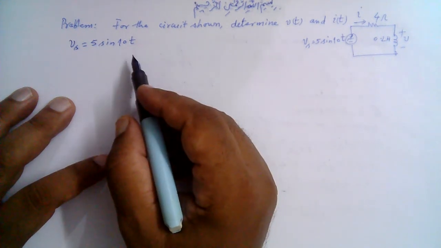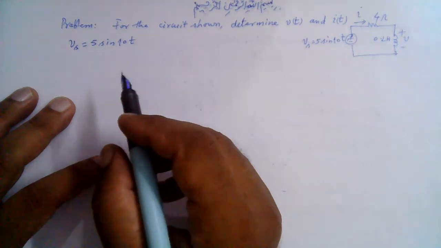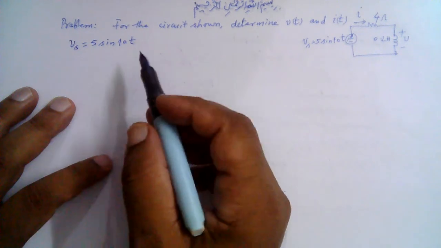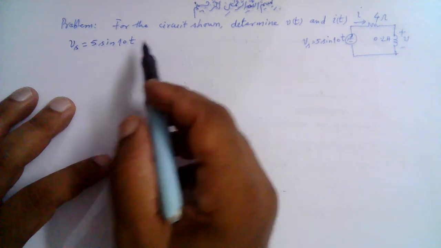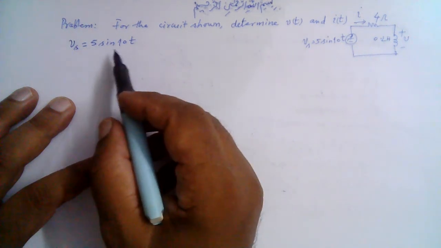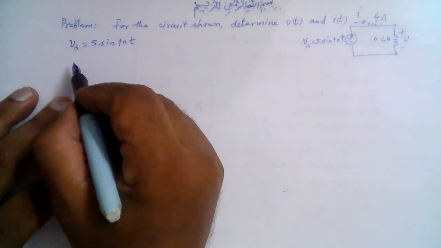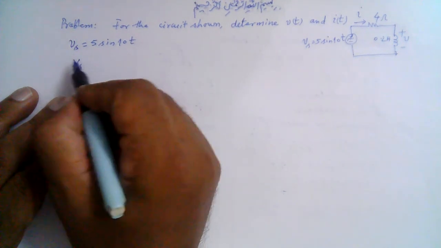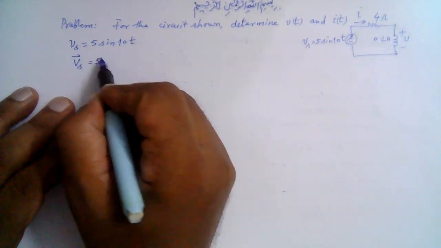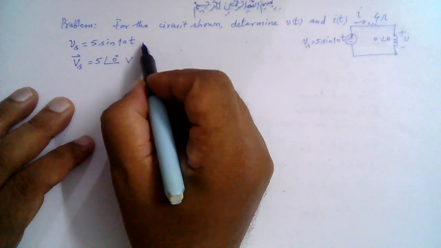But then we must remember that when we transform the result back into the time domain from the phasor domain, we must use the same transformation as we did for the transformation from the sinusoidal to the phasor domain. So we can use the sine function as the base. So we can write Vs is equal to 5 angle 0 degrees volts here. So the phase angle is 0 here.